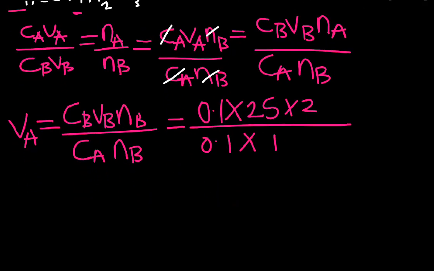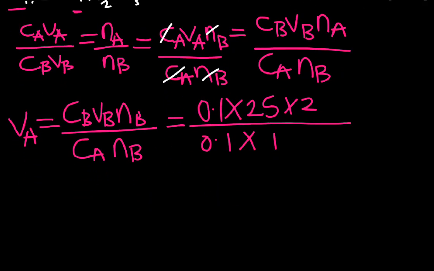If we punch our calculator, 0.1 times 25 times 2, you get 5, over 0.1 times 1.